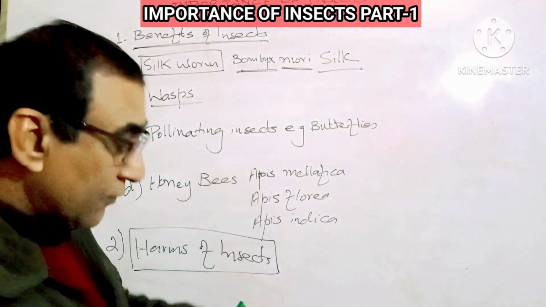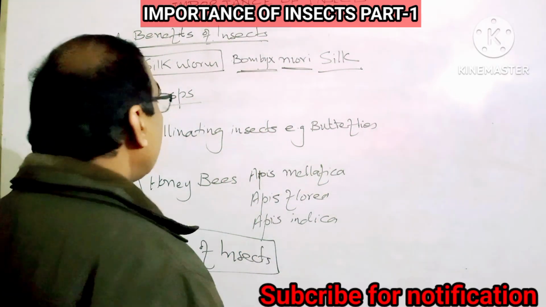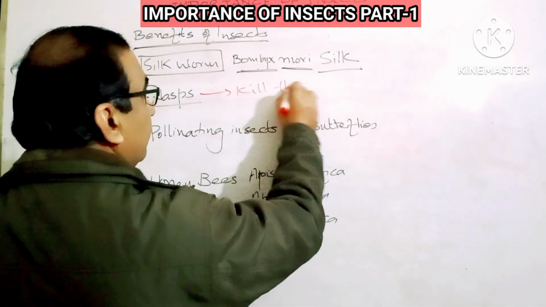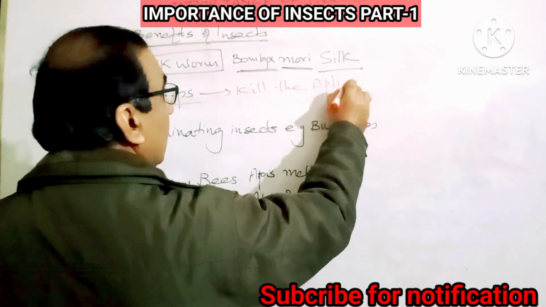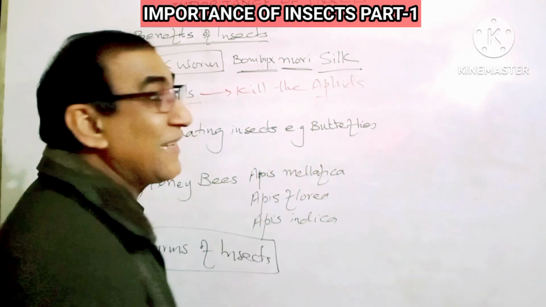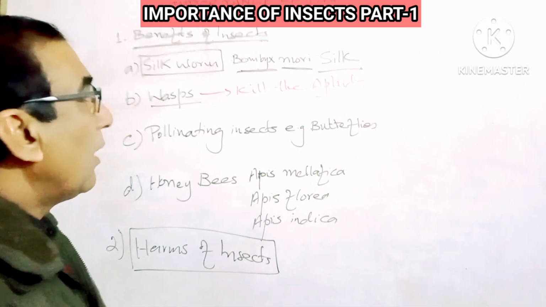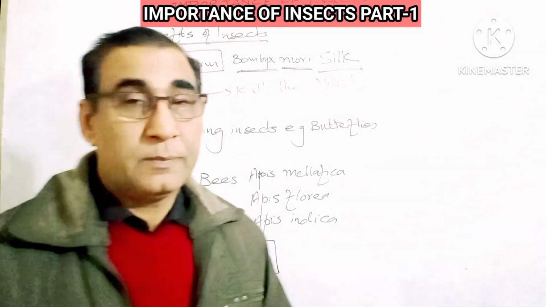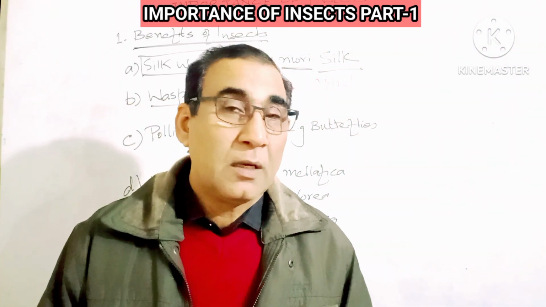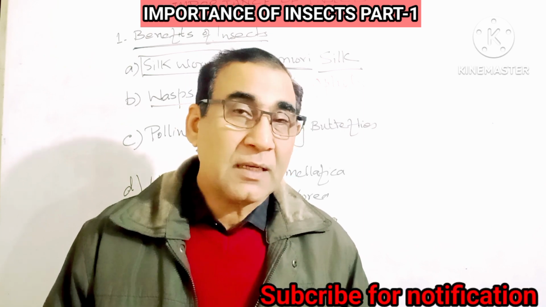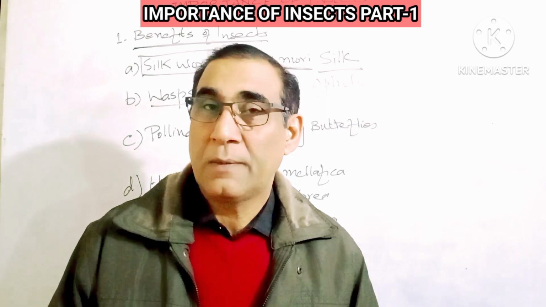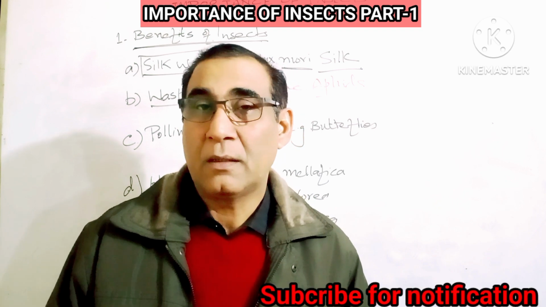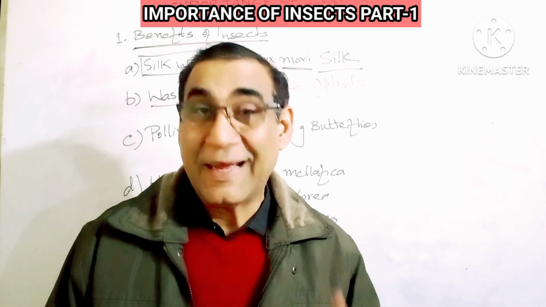So the wasps kill the aphids, which are pests. What is a pest? Any organism which competes for the food crops, or harms the food of humans, is known as a pest.